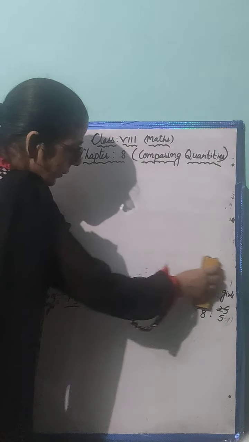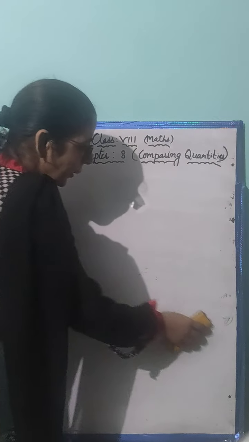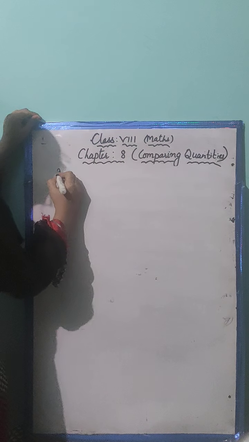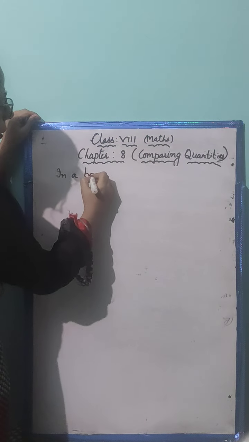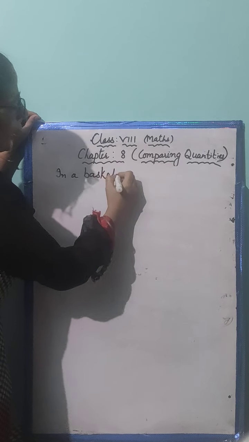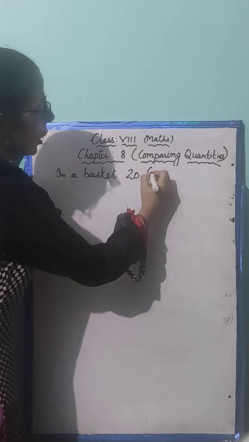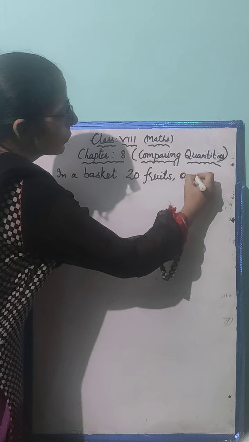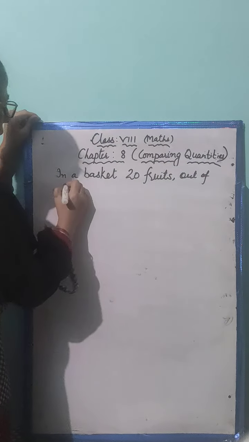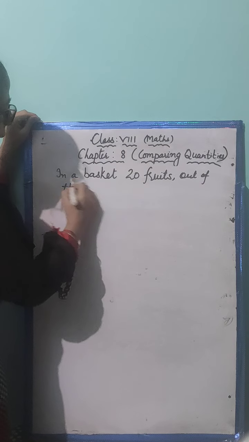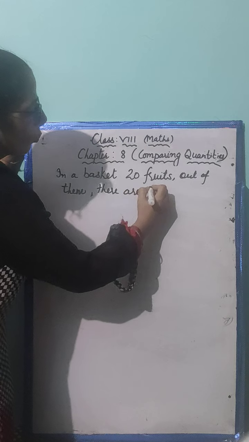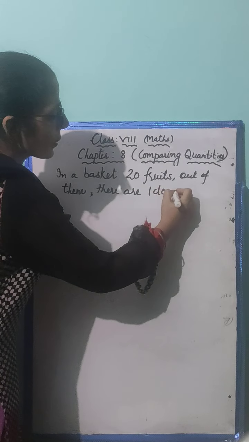If in a basket there are 20 fruits, out of them there are 1 dozen bananas.